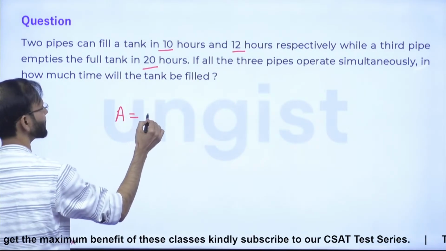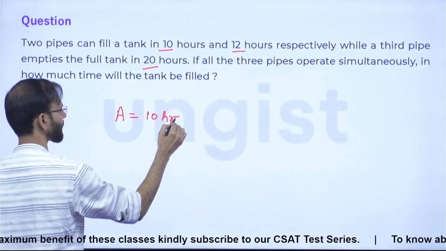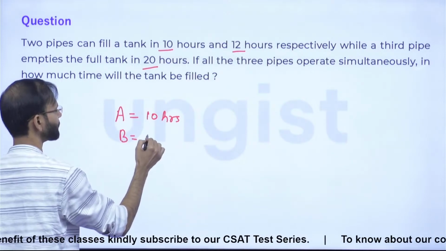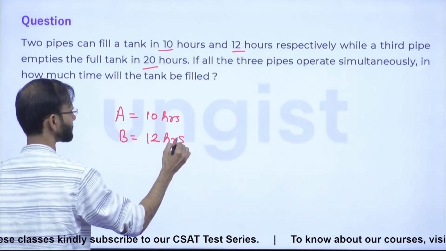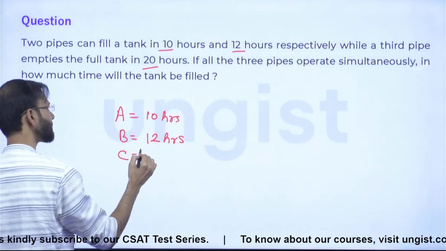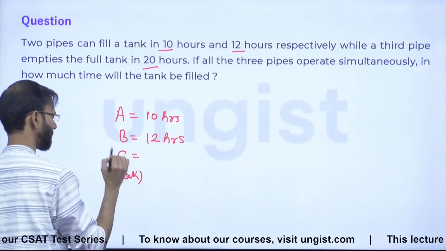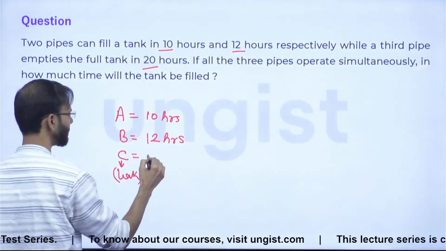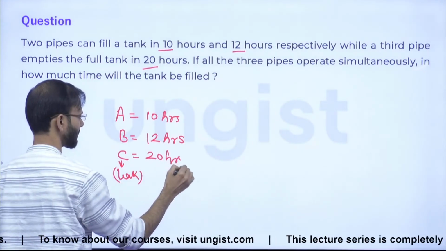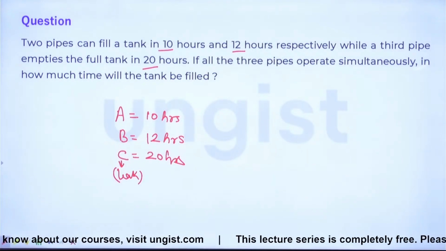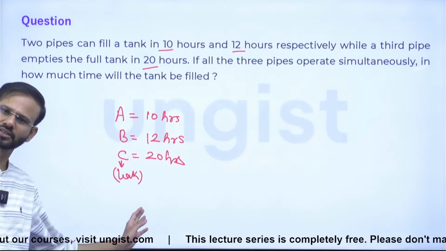So A is filling the tank in 10 hours. B is also filling the tank but in 12 hours, while C is a leak, right? Because C is emptying the full tank in 20 hours. Everyone fine now? The data is clear to you?